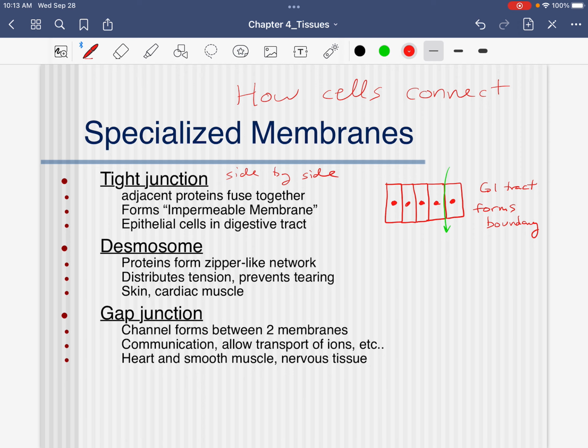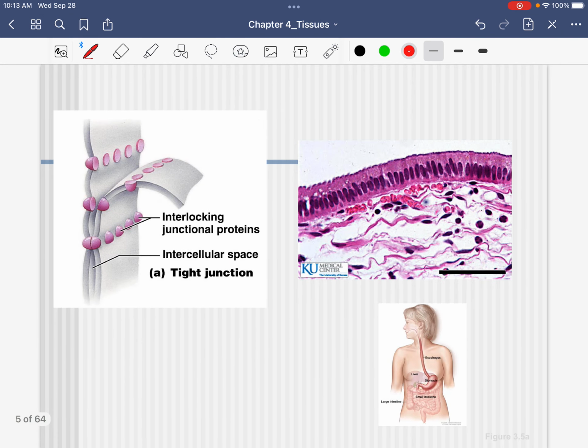Okay, the second example of how cells can connect in a tissue would be a desmosome. And if I just go ahead for a moment here, these next slides try and show you that, by the way. So here is the tight junction. This is what I was trying to draw, the simple columnar cells. So lining the very top edge of that are cells side by side, right?